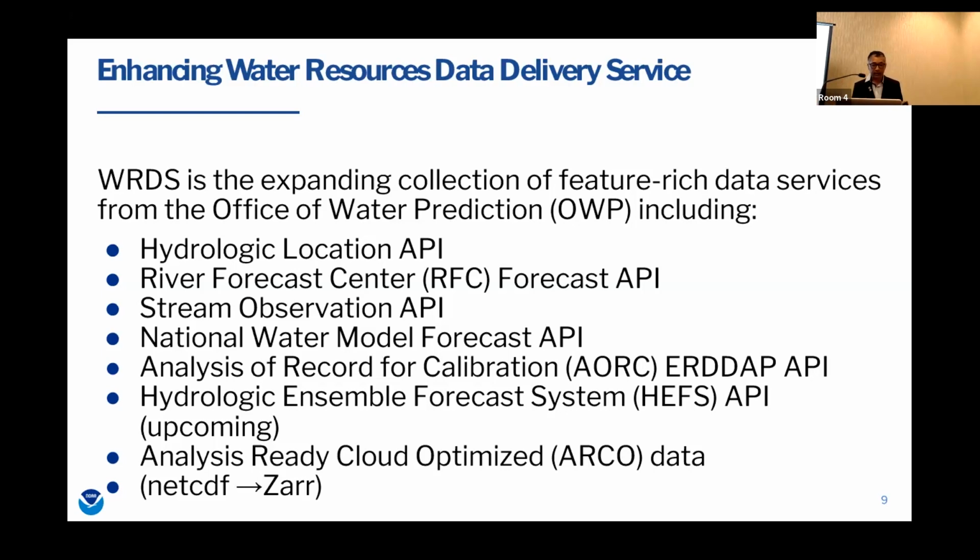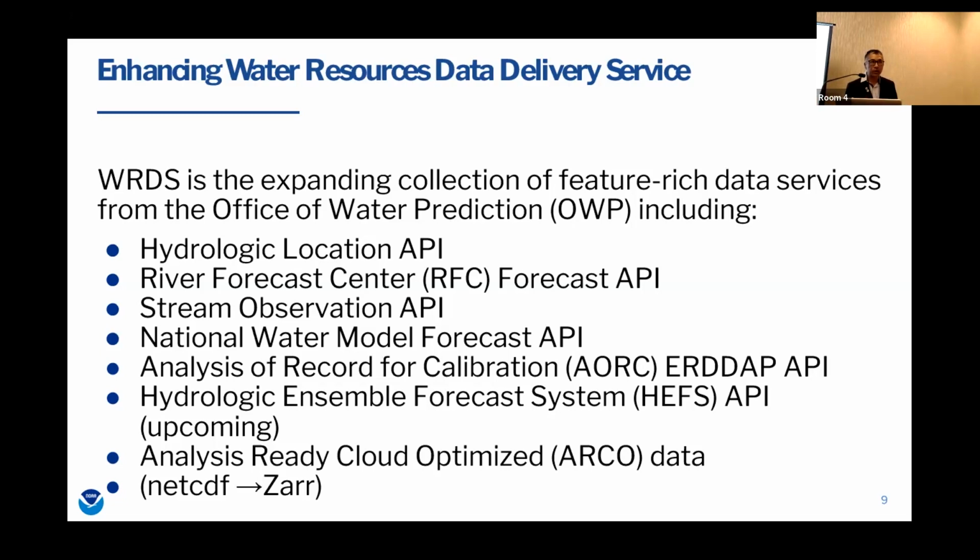One of the things I'm very excited about is two data sets, especially the Analysis of Record for Calibration, the AORC data. This is the data set that we now have available in the RDAP API. Originally, the data set is in NetCDF, so what we're doing is collaborating with the USGS on chunking the data into Zarr.